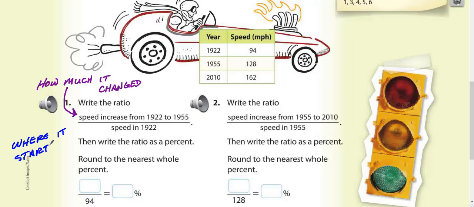Make sure you get both those written in. That's nice. Should be good, easy to understand language. Percent of change will be how much it changed divided by where it started.